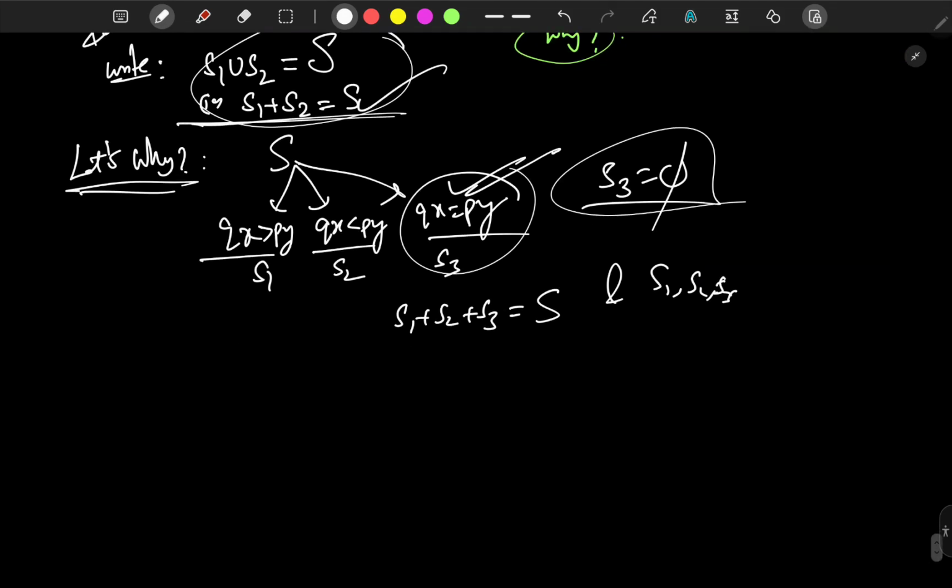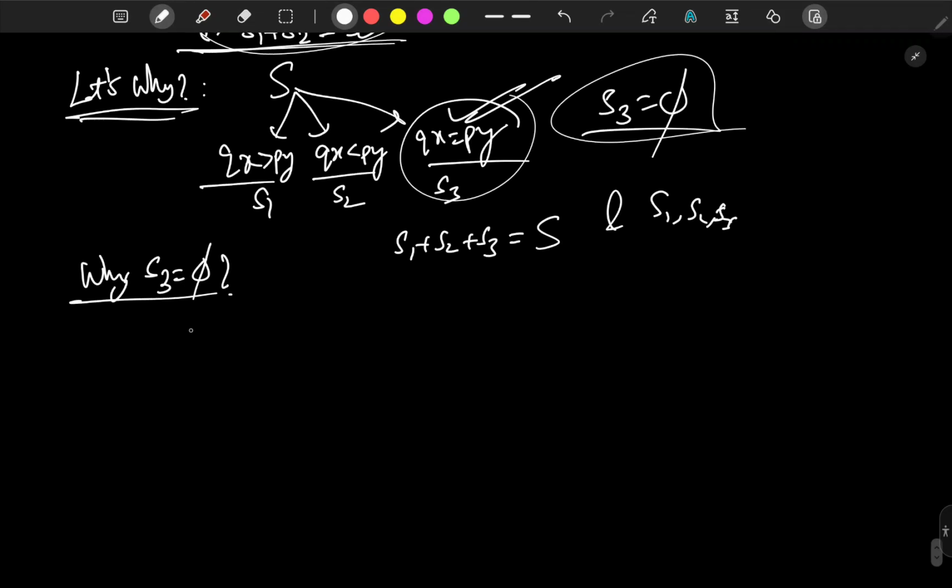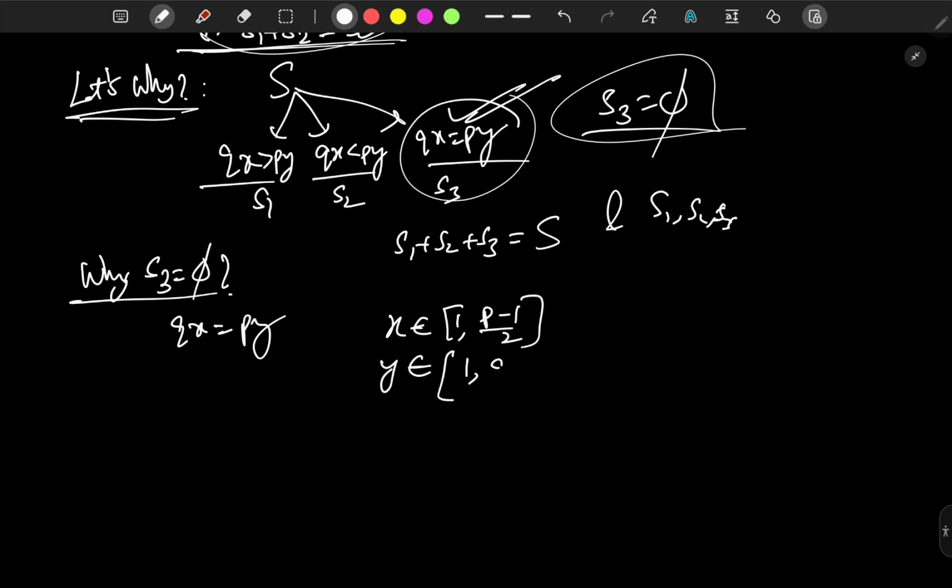Why? S3 equals phi means qx equals py, where x belongs to 1 to p minus 1 by 2 and y belongs to 1 to q minus 1 by 2.